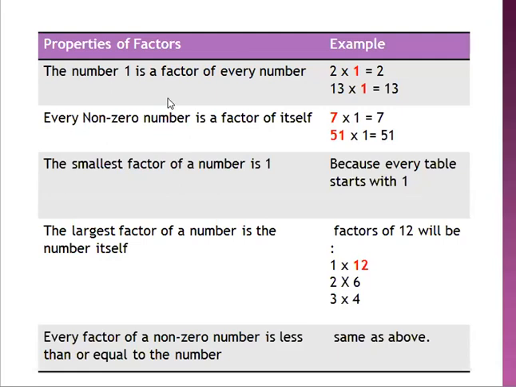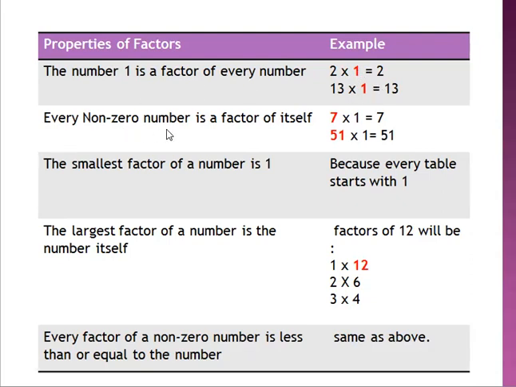Here we have the properties of factors, which we should know before starting any problems and sums. The number 1 is a factor of every number, because every table starts with 1. So 2 ones are 2, 13 ones are 13.